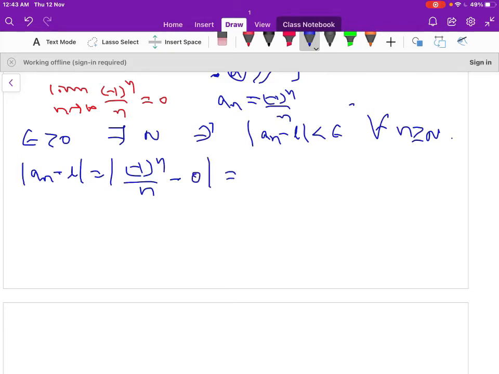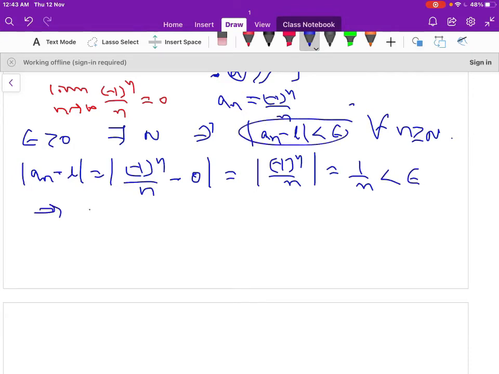L is 0 here, so this is equal to modulus of minus 1 to the power of n by n. Modulus of negative is positive, that is 1 by n less than epsilon through the definition. So this implies n is greater than 1 by epsilon.